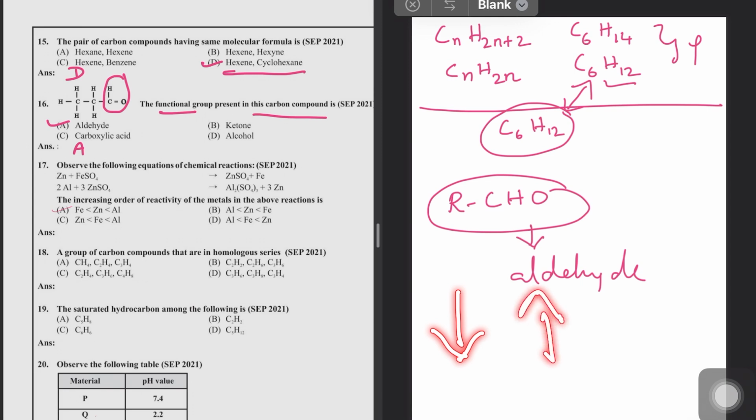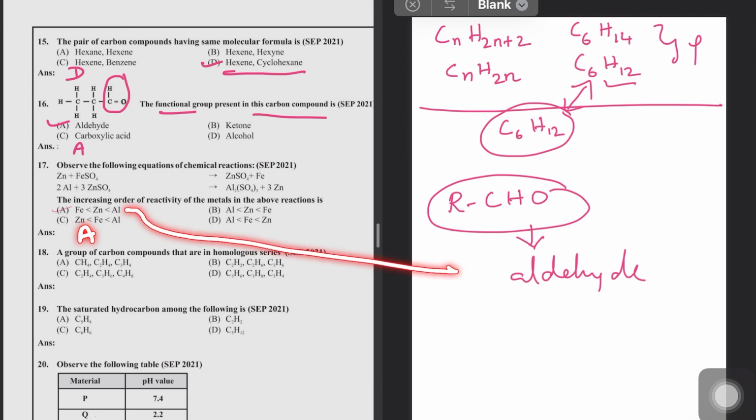Now they are asking the increasing order, which saves your time. So the correct answer is option A. As I said earlier, there is a shortcut to remember this, which requires at least 3 minutes of explanation. Let me know in the comment section so that I can explain it in the next video.